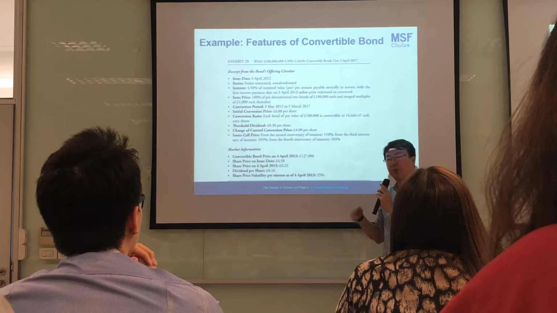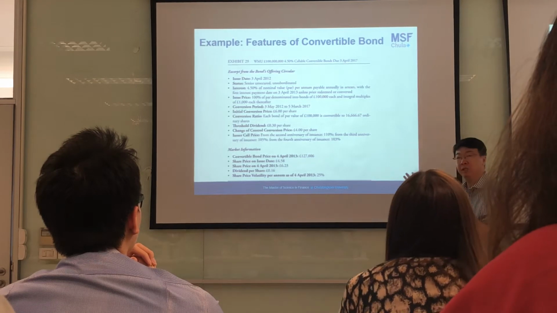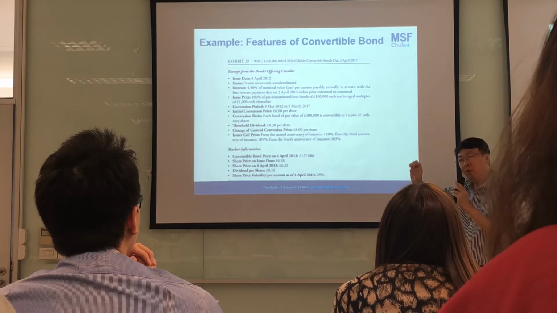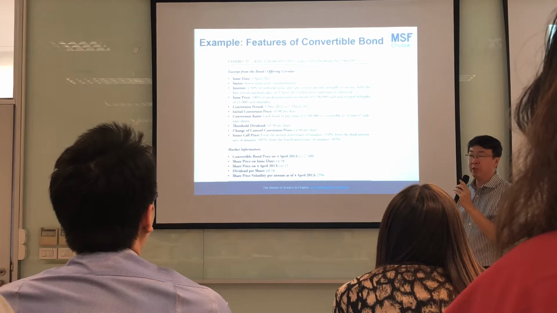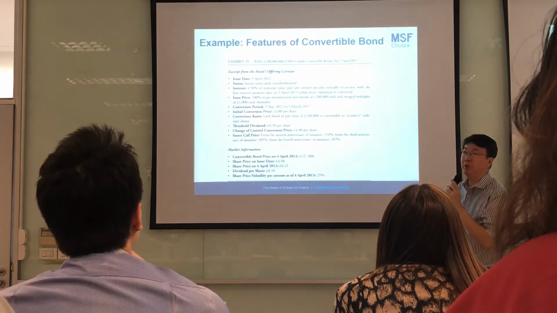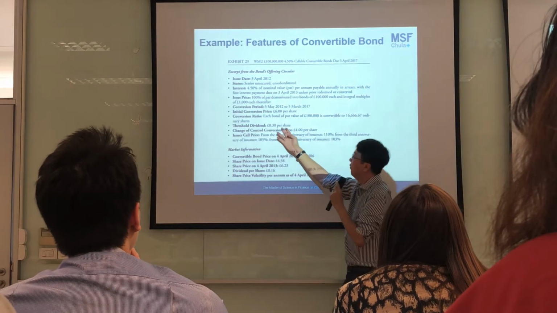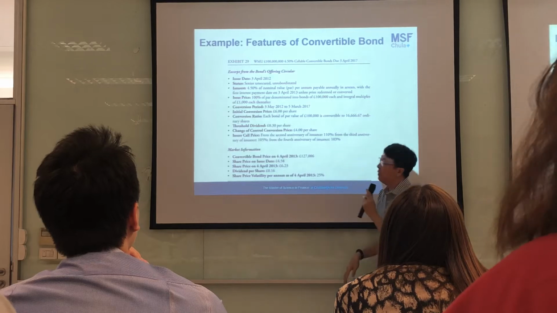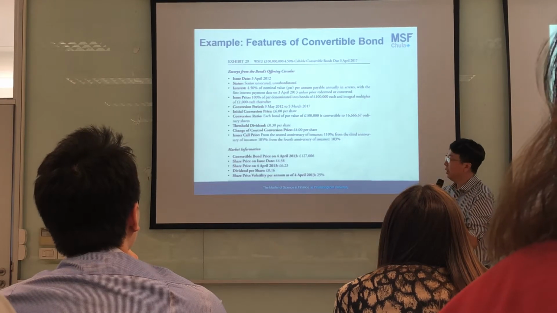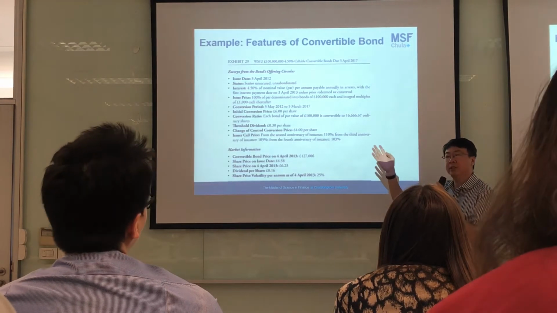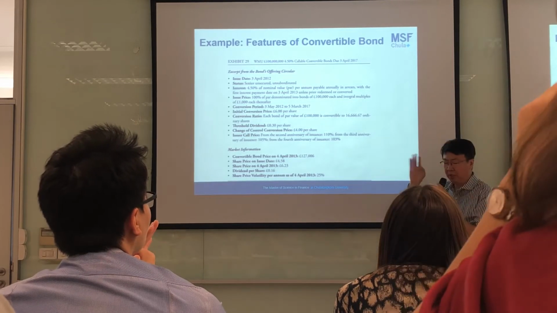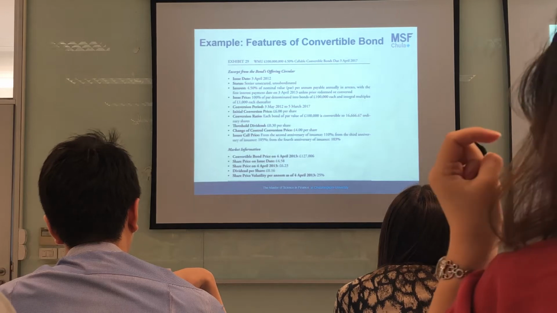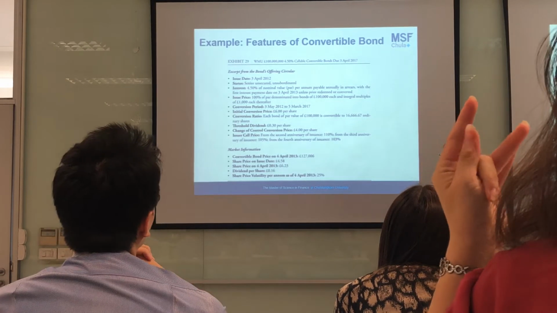Actually, you have a disadvantage, because the stock price is lower, and that increases the chance that you may not be able to convert into the stock. So if the firm pays a dividend more than this, there might be an adjustment for the conversion price.